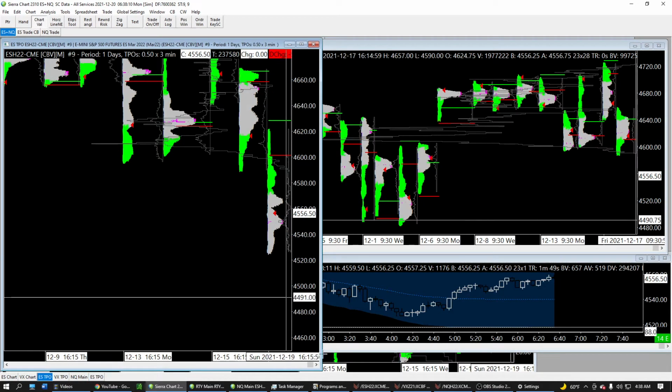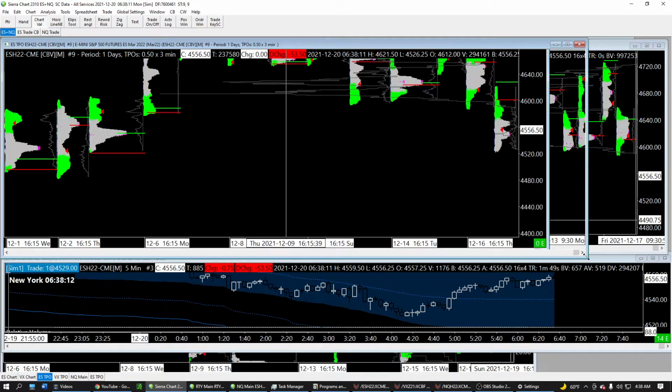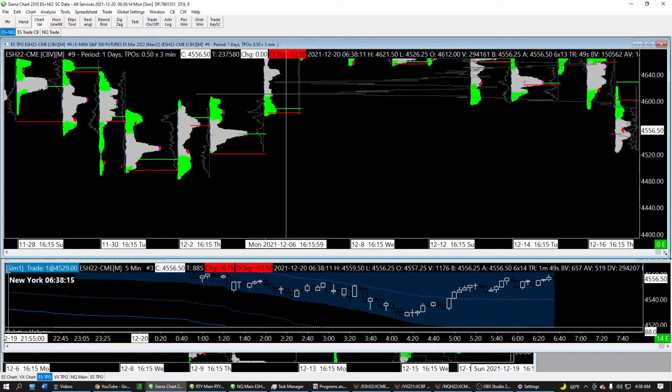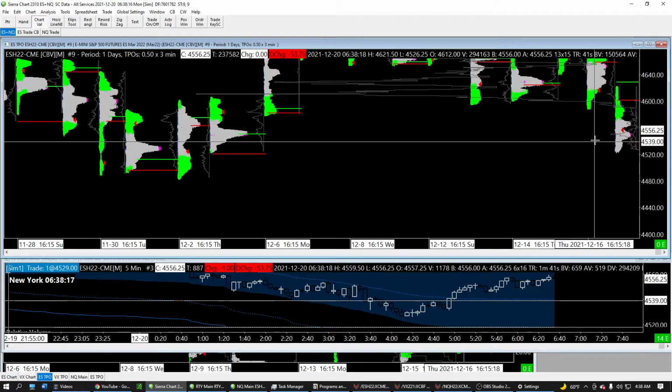That's regular trading hours. So let's look at extended trading hours, because we're in extended trading hours at the moment.